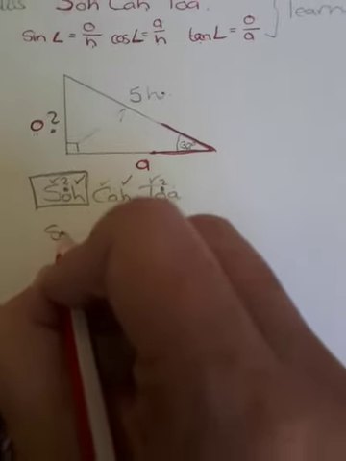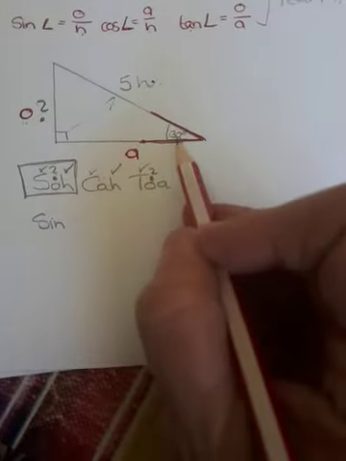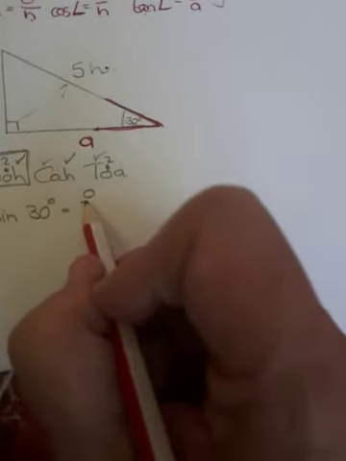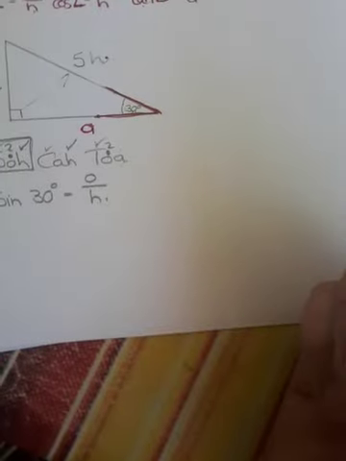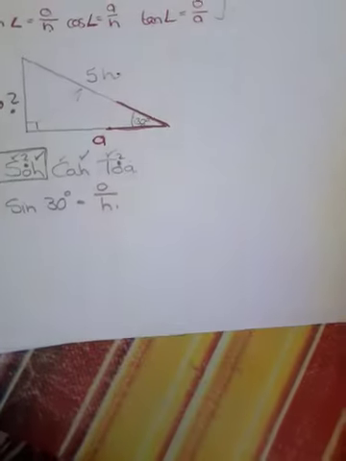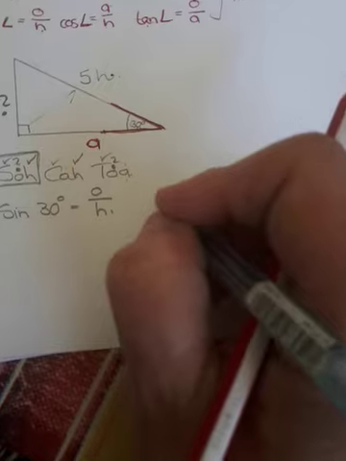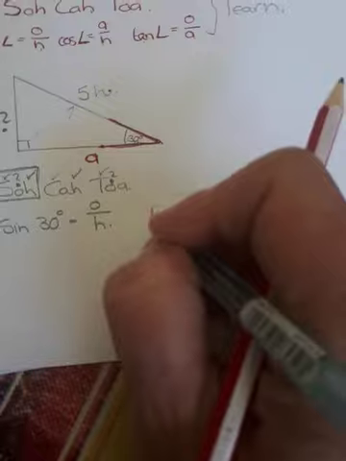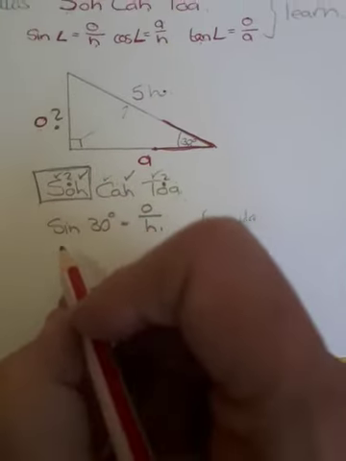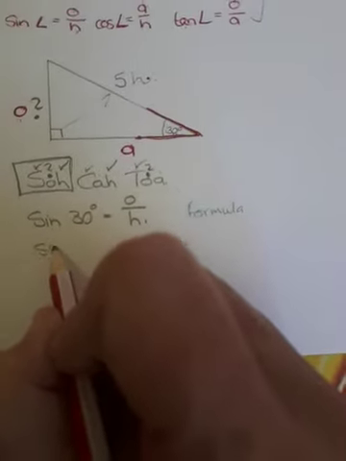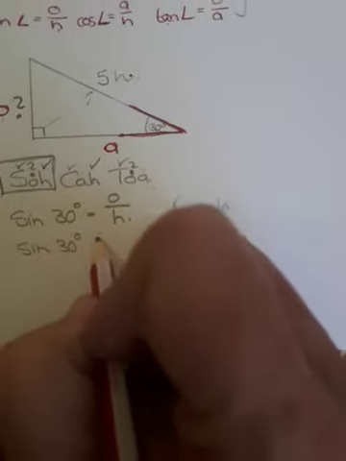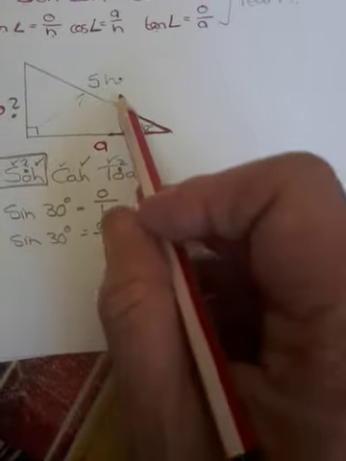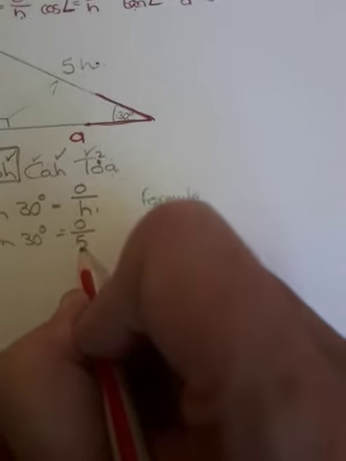You write the sin of how many degrees? Sin 30 degrees equals the opposite side divided by the hypotenuse. Okay, that is our formula. So write your trigonometric formula. Then in your next step you will substitute values. We have already substituted the 30. The opposite is being asked, so that remains O, and the hypotenuse is given as 5.